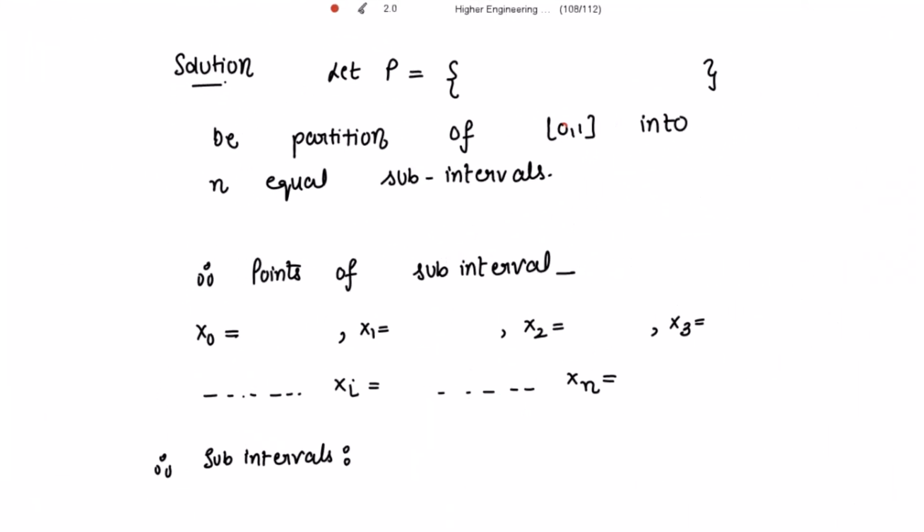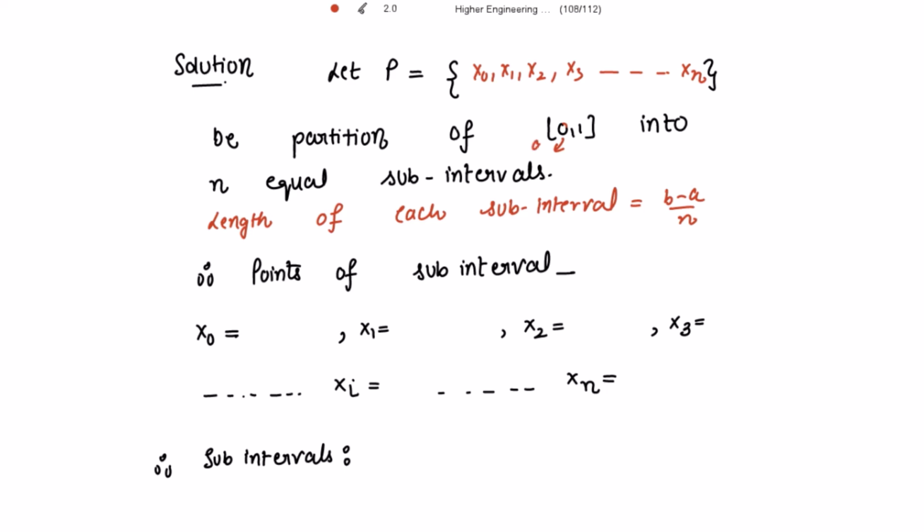Let's take P to be the partition, that is x0, x1, x2, x3, and so on up to xn. So this is a partition of the closed interval [0, 1] into n equal subintervals. And what is the length of each subinterval? That is (b minus a) divided by n, where a is 0 and b is 1.